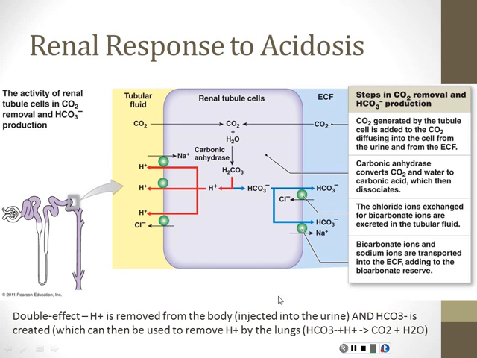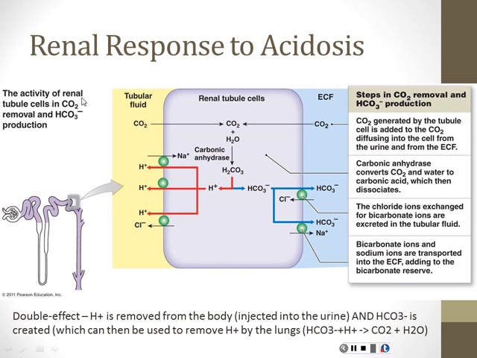So we have what is essentially like a perfect response because it's a double effect. We get a bicarbonate in, created, and we get a hydrogen ion out, gotten rid of. This bicarbonate can then go on and get rid of another hydrogen ion in the lungs, right? So it's a very smart system that the kidney has here. So bicarbonate goes one way, hydrogen ions go another.